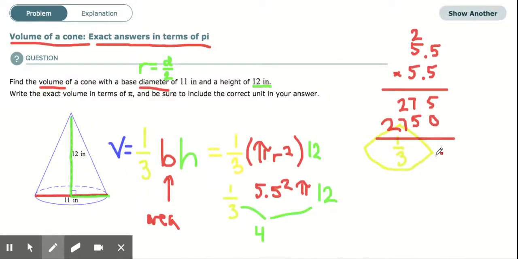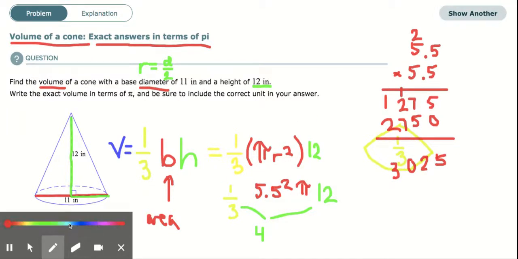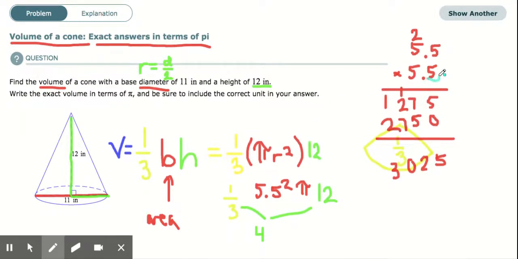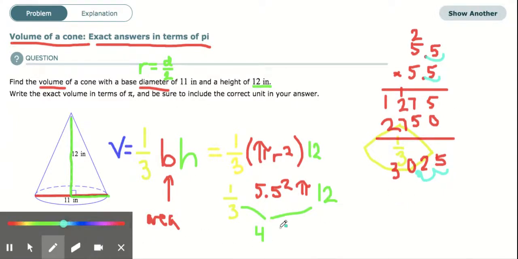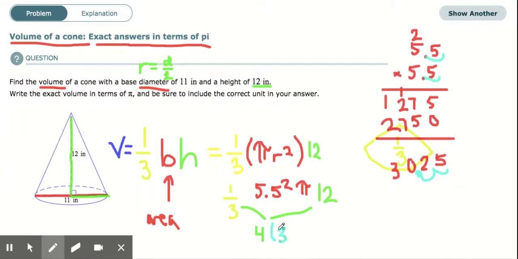So when we add this up, we get 5, 12, so carry the 1. That would make 10, carry the 1. So this is 30, and then there's decimal points right here. It's 1 decimal point, 2 decimal points. So we go over 2 decimal points. 5.5 squared is 30.25. So this is really 4 times 30.25 pi.